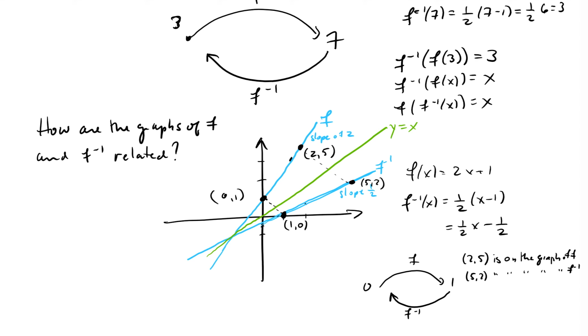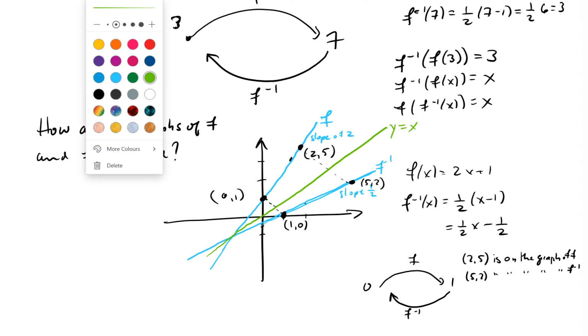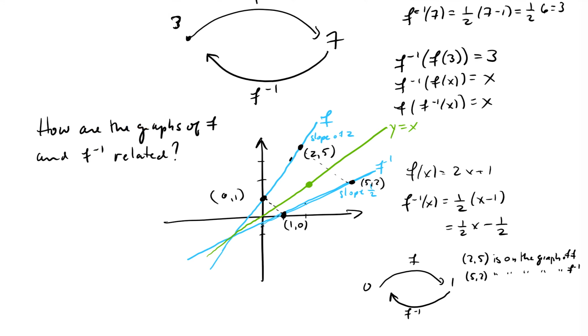This kind of makes sense because on the line y equals x, y and x are the same. So if you revert the coordinates, you stay where you are. So this is why it's the axis of symmetry. On the axis of symmetry, things stay where they are. But if you're elsewhere, on the curve for f, if you flip around the coordinates, you're going to reflect with respect to the green line, and therefore get the blue line.